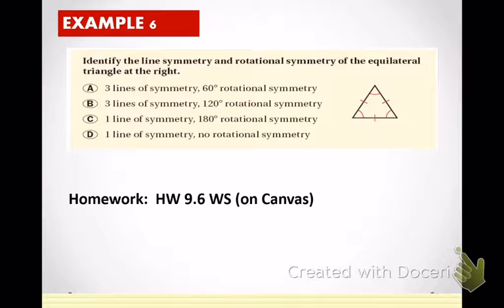What would be the degree rotation? There's 3 vertices, so yeah, Abby. What? 120. Yeah, it's 120. I take this point from here to here. That's a 120-degree rotation.